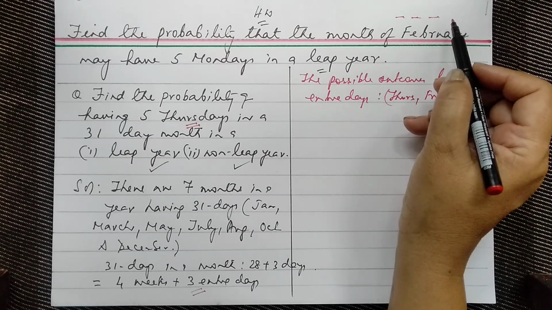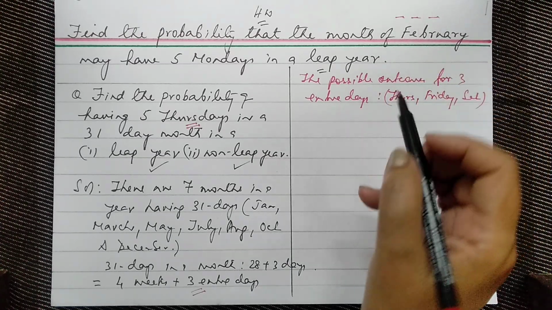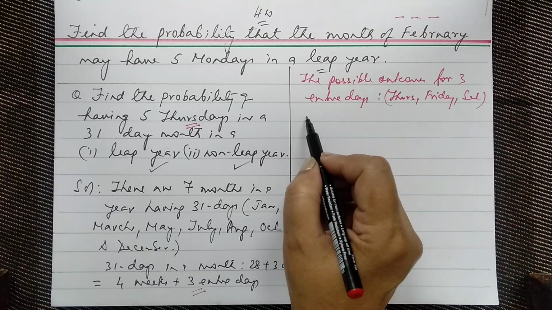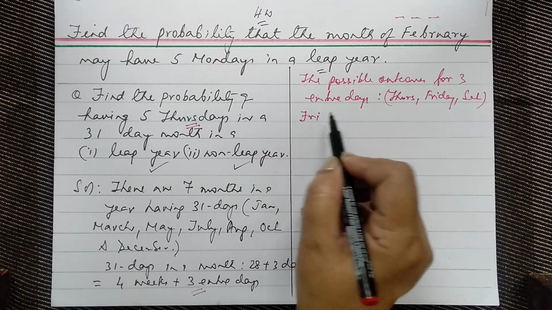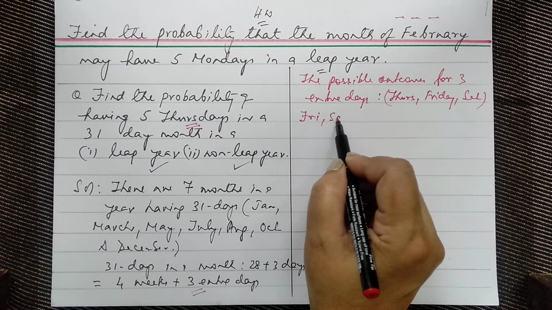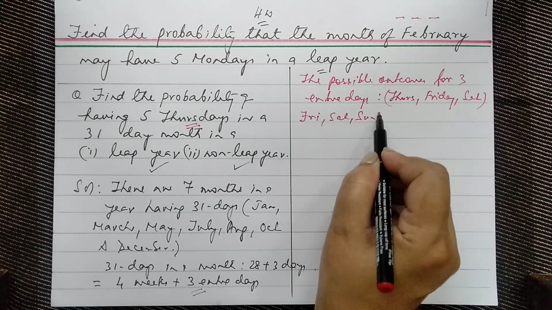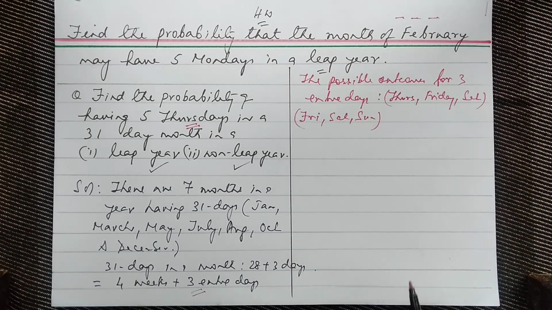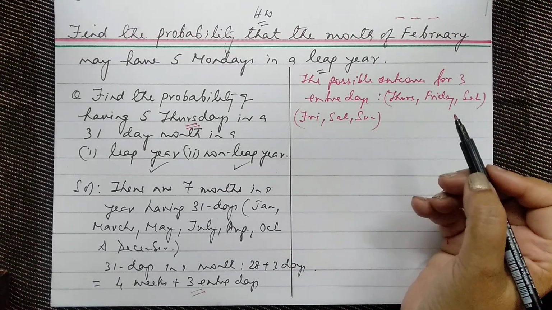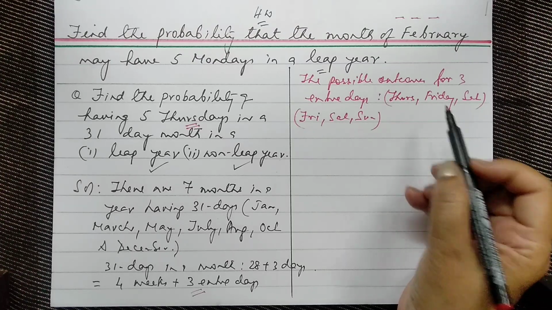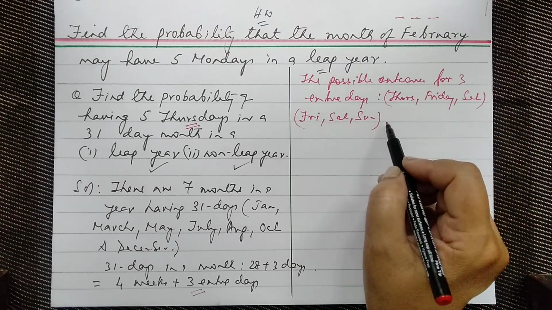But anyways, we can't make it a rule. It would start with Thursday. It can start with Friday also. So in that case, we'll have Friday, Saturday and Sunday. So Friday, Saturday and 1 extra day. What if there was Saturday there?